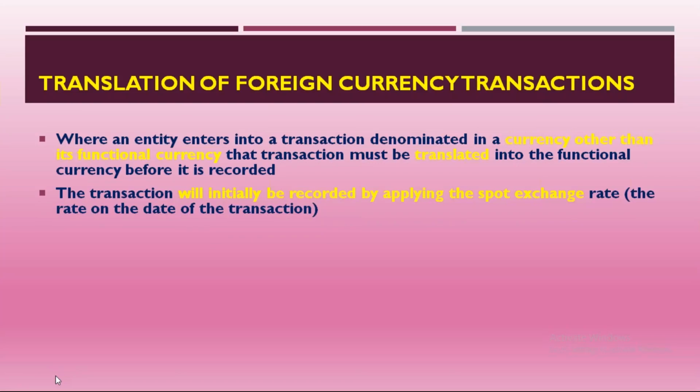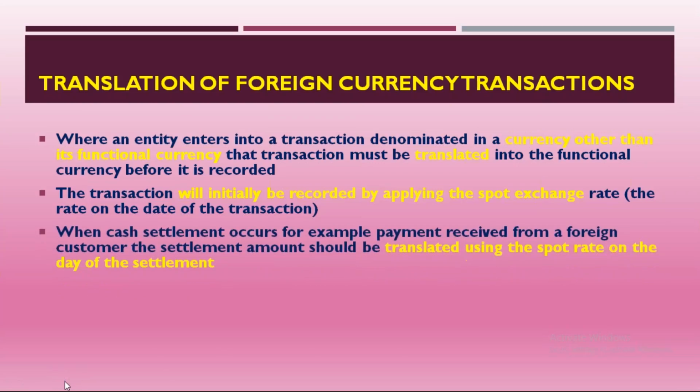So if you sell me some goods today, your invoice is today, you will convert it at today's rate, and you will credit sales and debit your receivables. If you send me a Sri Lanka rupee invoice, you will convert it at today's rate between the sterling pound and the Sri Lanka rupee and record it. That's the first thing you will do. That applies whatever the transaction may be.